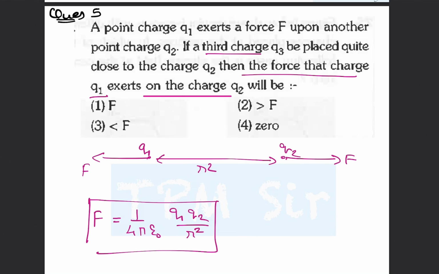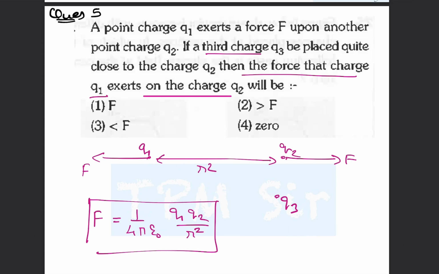And here epsilon naught is a universal constant. Its value does not change, like G, the gravitational constant. So it is not going to change in any medium. Now Q1, Q2, and r square. Where is Q3?